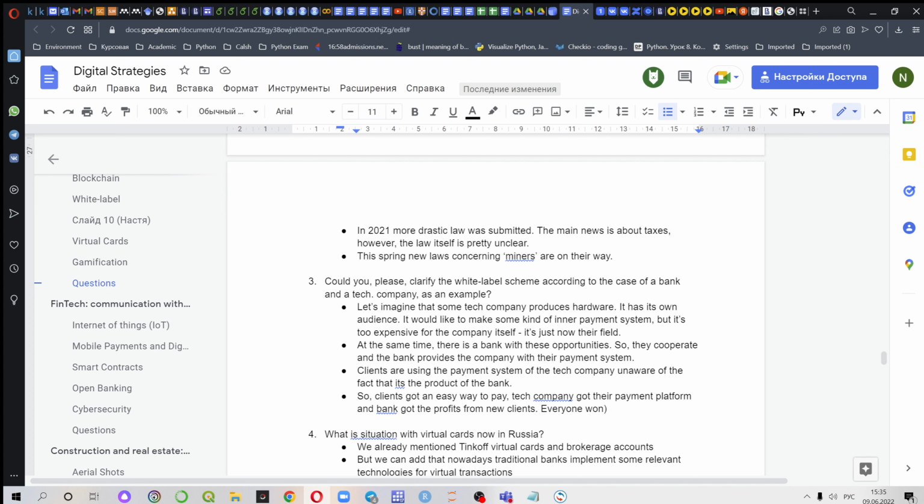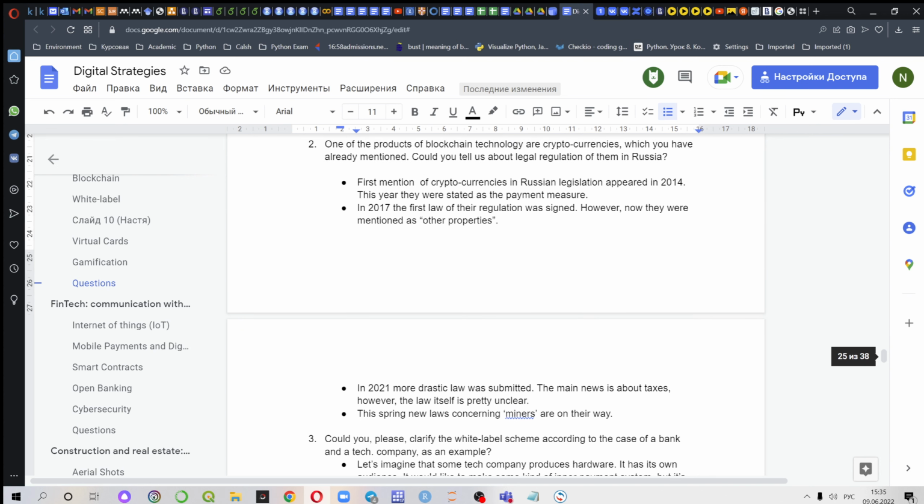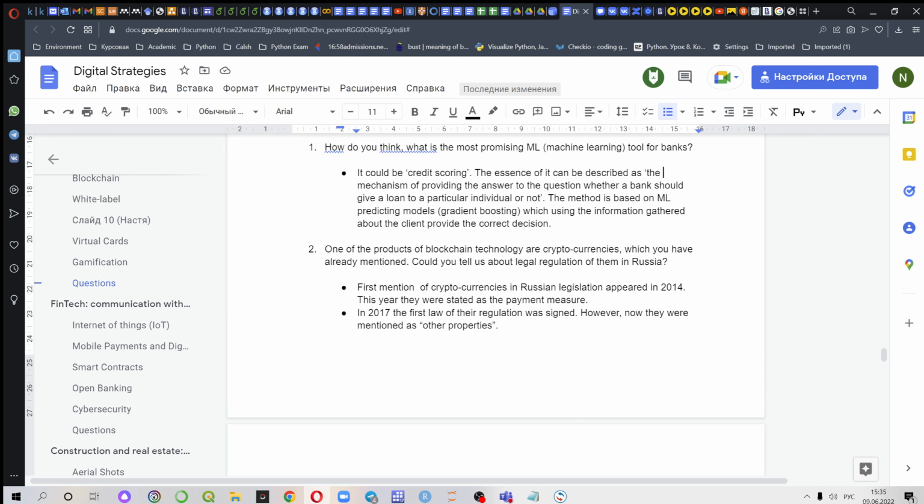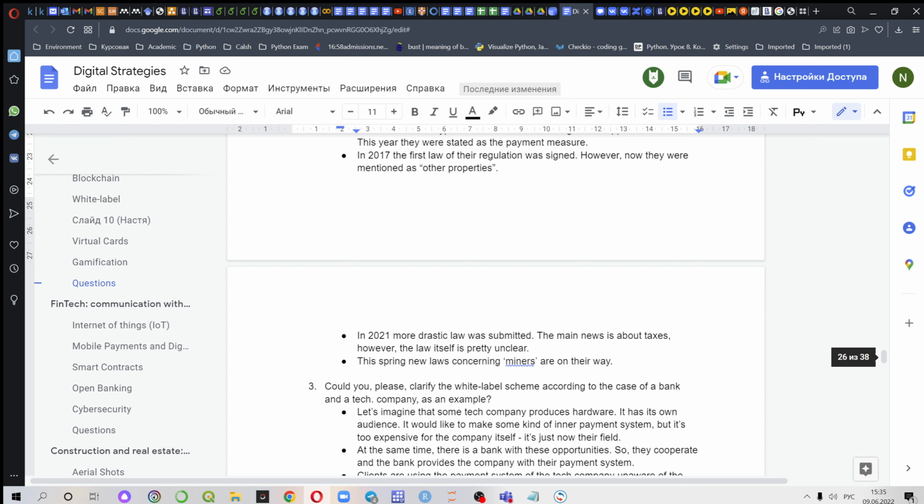However, the law itself is pretty unclear, and it's a big problem. And as for the latest news, this spring, new laws concerning minors are on their way. But still, the legislation is not clear. So the government is trying to tax cryptocurrencies to control them, to some kind of tax miners. But for now, it's, I don't know, a raw field. Let's say so. Okay, thank you.